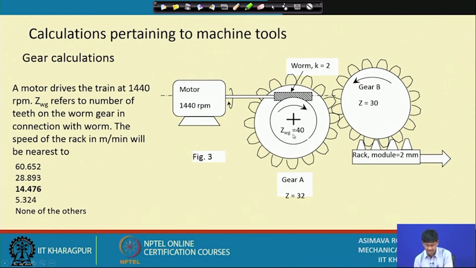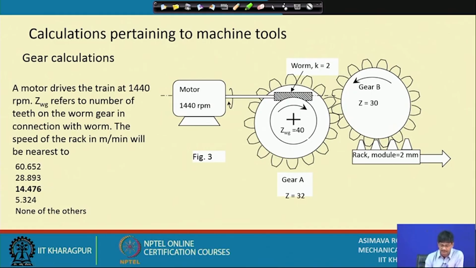Number of teeth on the worm gear is 40, and on the same shaft we have another gear where the number of teeth is equal to 32. That is in connection with a gear B whose number of teeth is equal to 30, and that is in connection with a straight sided gear called a rack with module 2. We have to find out the speed of the rack in meters per minute.